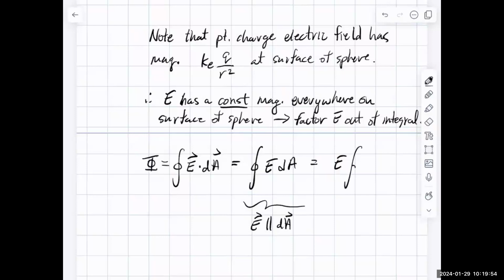So the electric field comes out of the integral. E is constant. Okay, and now let's think about what this remaining bit of the integral really means. It says integrate over the entire surface and add up all the little dAs that contribute to make the full closed surface. So if you add up all the little patches of area, what do you end up getting for our sphere? The total area. What's the surface area of a sphere?